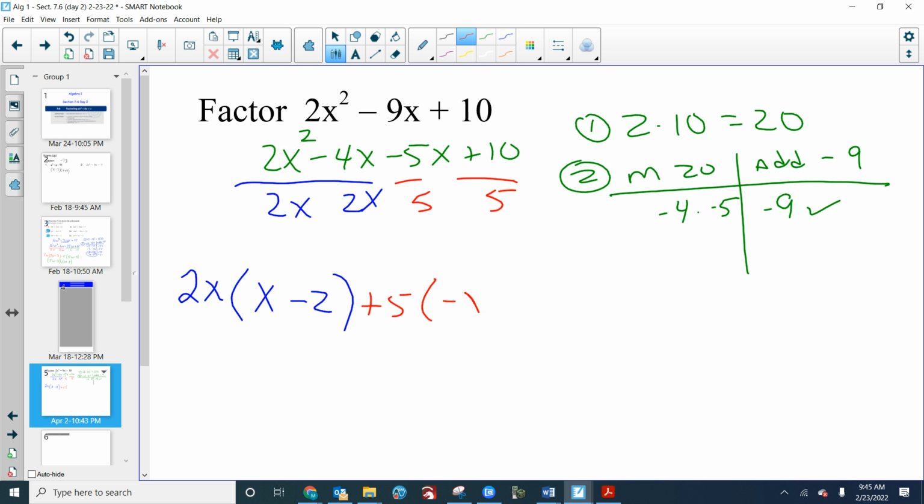Look what happens. Are those the same? No, they're opposite signs, so that tells you it should have been a -5. Okay, what do I write, Evan? X minus 2.